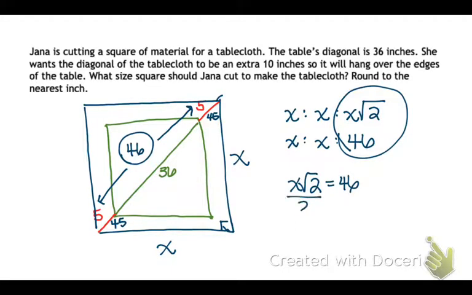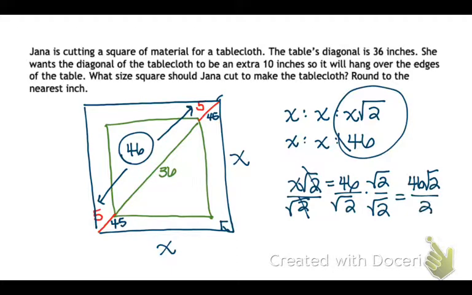So again, we're going to divide by radical 2 so that they'll cancel here. I need to rationalize the denominator the same way we did on the last problem. So I'm going to have 46 radical 2 over 2.